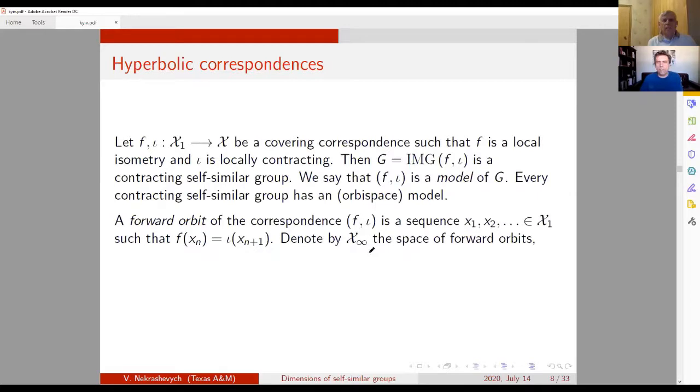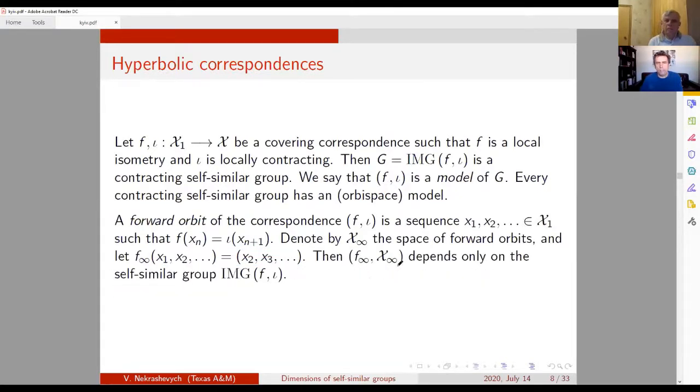Now, if you take infinite sequences, we can take the space of all infinite sequences, the Cartesian Tychonoff power X1 raised to infinity. If X1 is compact, X_infinity is a compact topological space, and F induces the shift map on it. Call it F_infinity. We get a dynamical system, a continuous map from X_infinity to X_infinity.